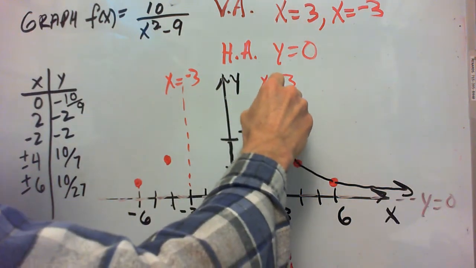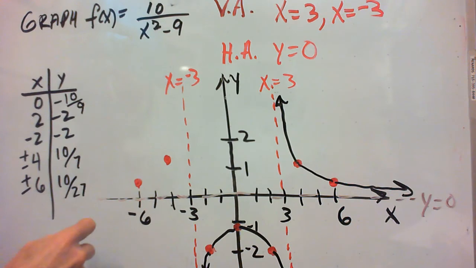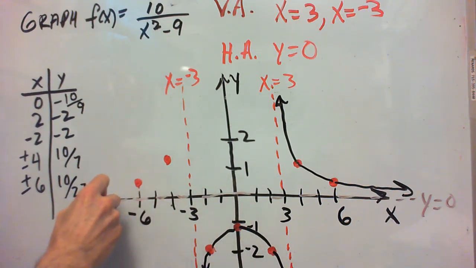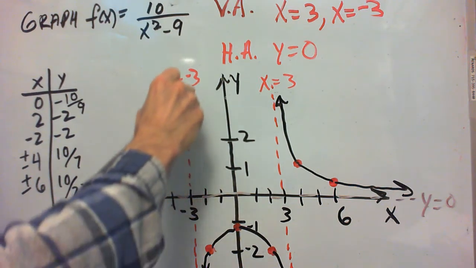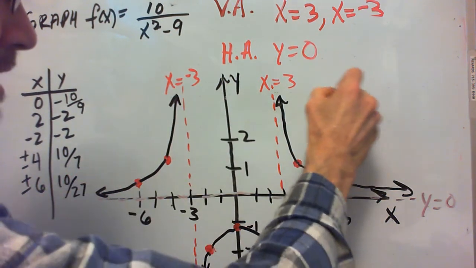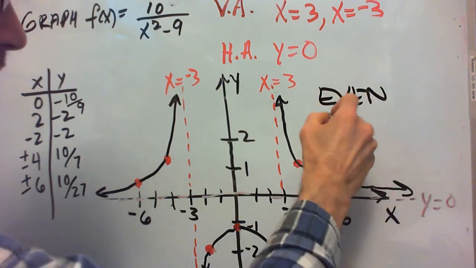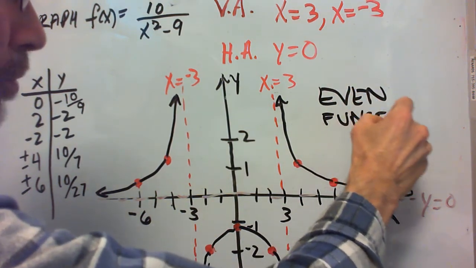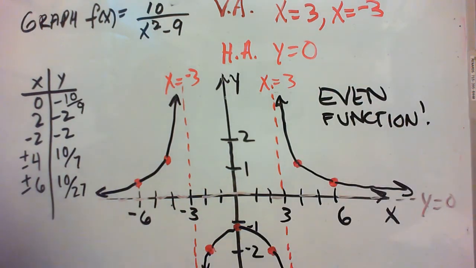And heading up to infinity near x equals 3 on the right side. We have the middle already graphed. On the left side, we just get a mirror image of the right side because this is an even function. So you remember from 2.5, if the function's even, the right side is a mirror image of the left side.